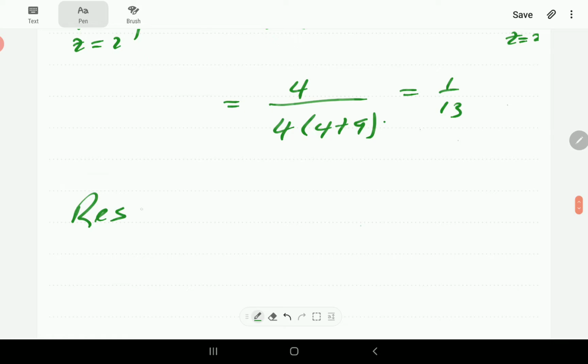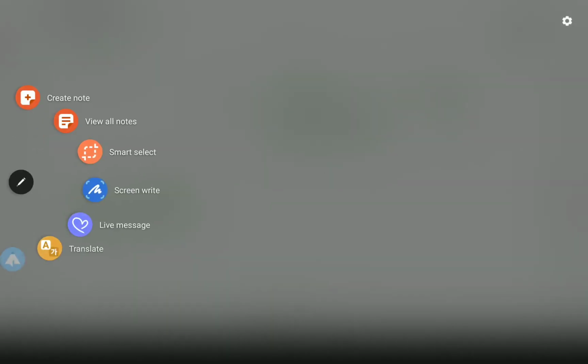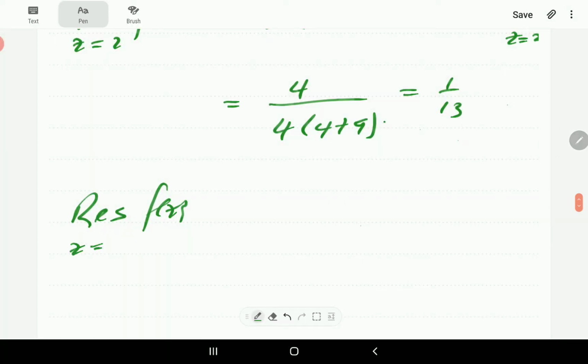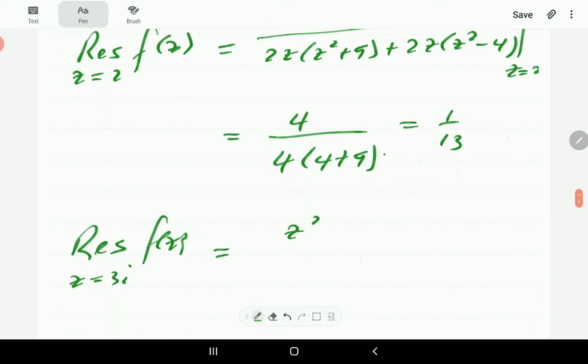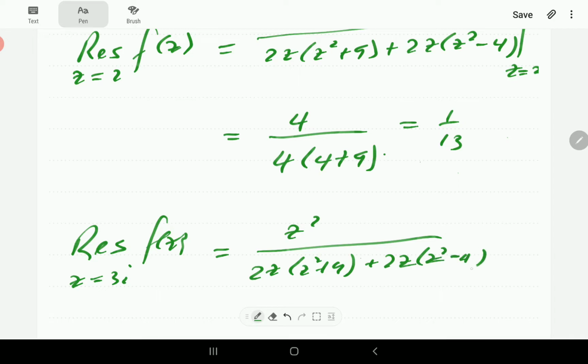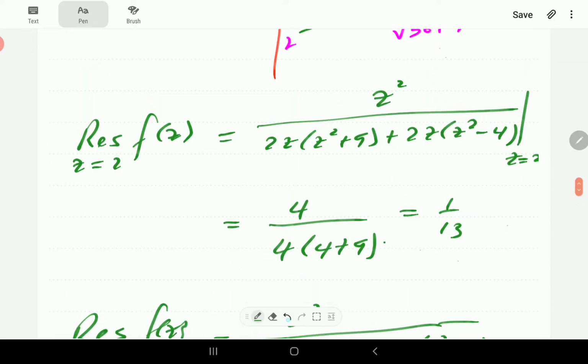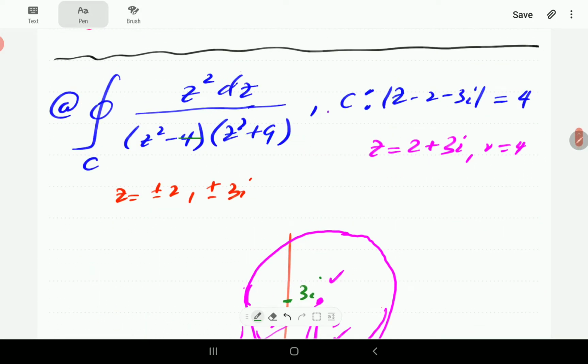Then at 3i, the residue at z equals 3i. We're going to use the same expression as this one, but this time we're plugging in 3i. So 2z times z squared plus 9, plus 2z times z squared minus 4. This, by the way, was obtained by simply differentiating this using the product rule.